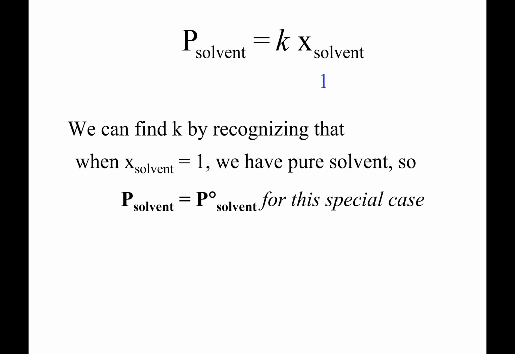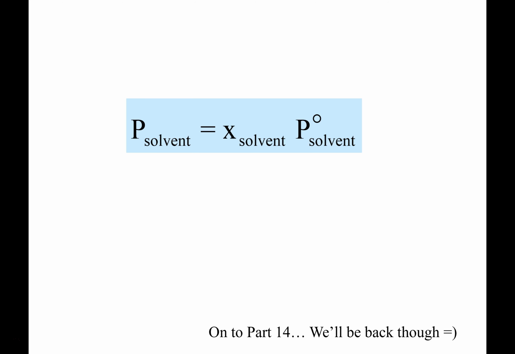We make some substitutions there, and we're getting close to being able to solve for what K is. As it turns out, that variable K is actually the equilibrium vapor pressure of the pure stuff. So do one last thing: substitute P naught, remember that's the pure solvent, back in there, and it looks like this.